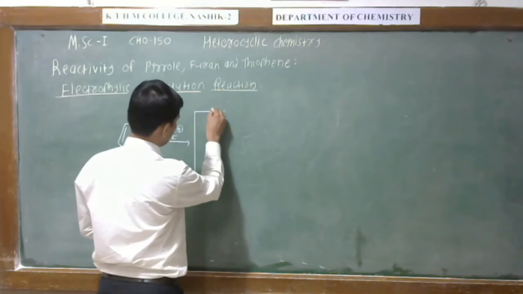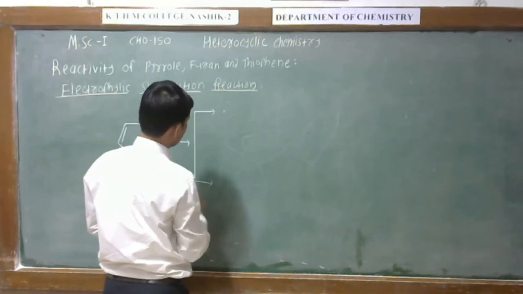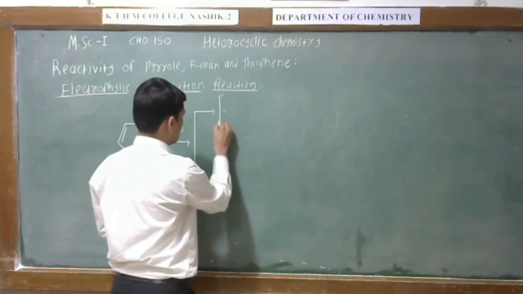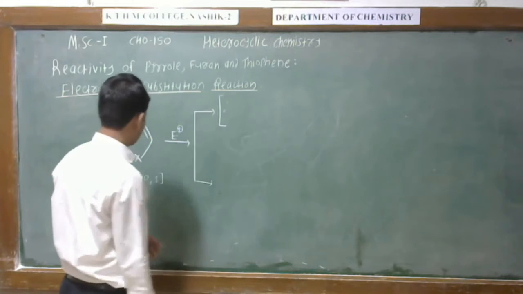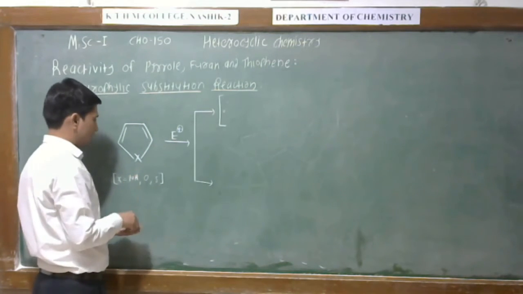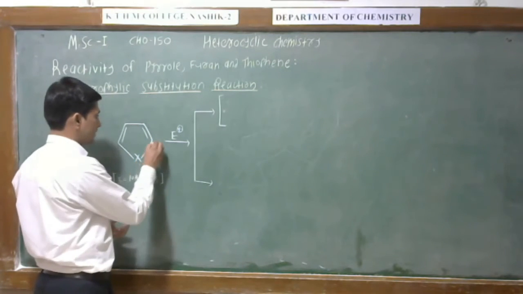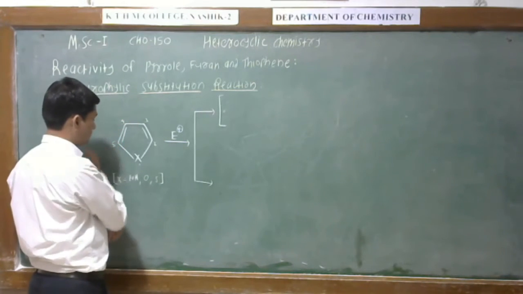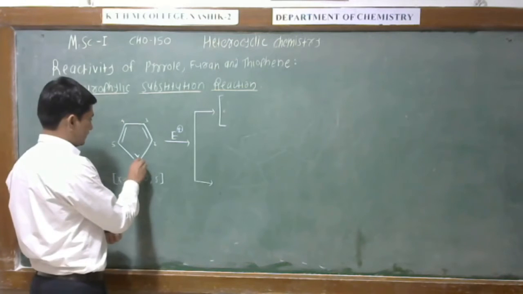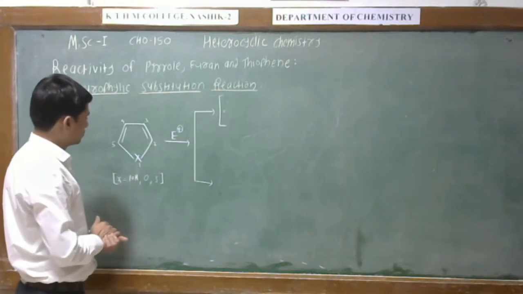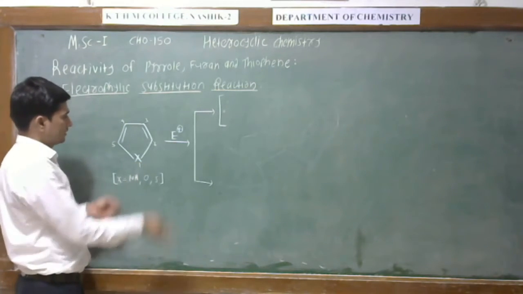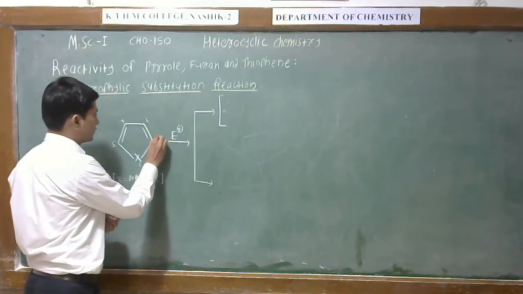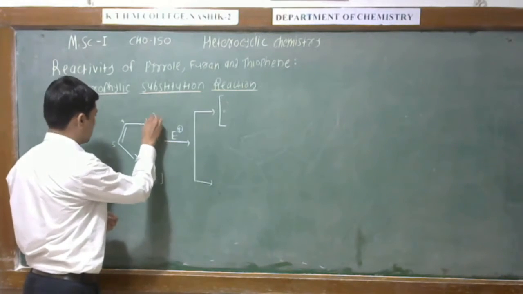See here, the first type of substitution is on the second position. If we give the numbers, this is first, second, third, fourth, fifth. There are two positions for the substitution. This is the alpha position and this is the beta position.